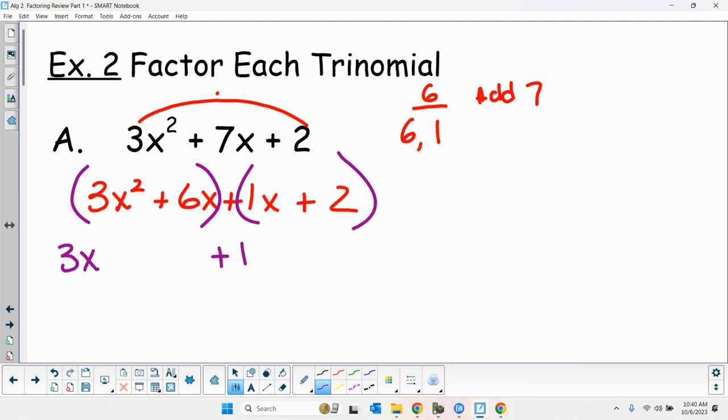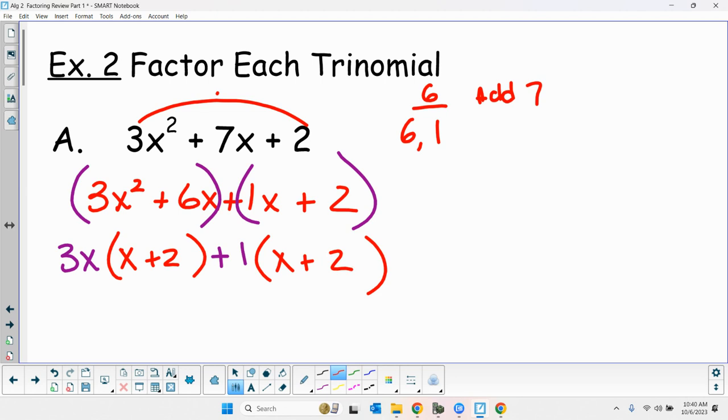All right? And then we divide. 3x squared divided by 3x is 1x. 6x divided by 3x is 2. 1x divided by 1. 2 divided by 1.